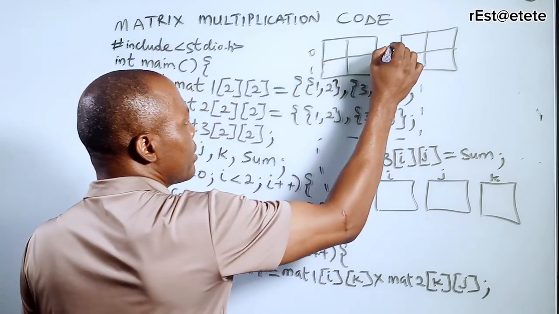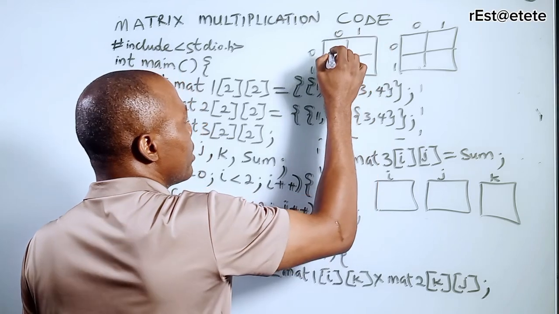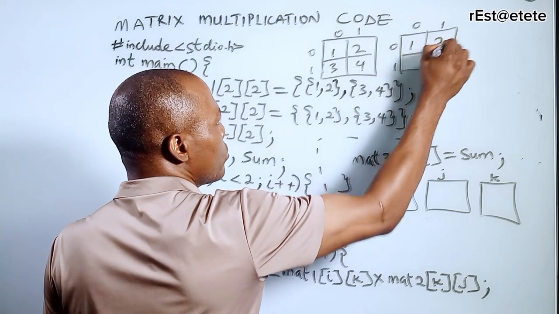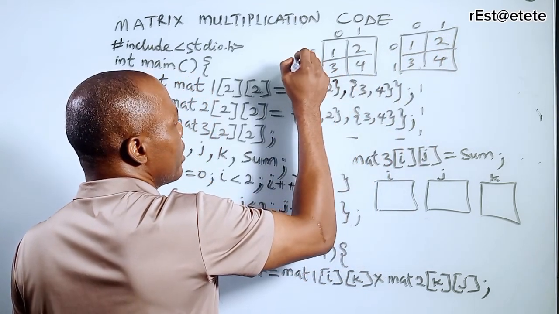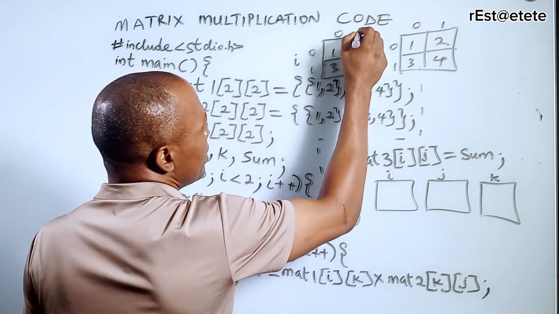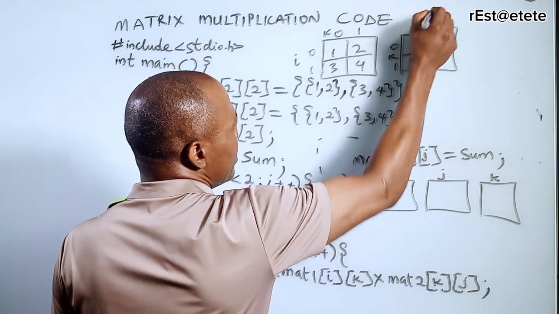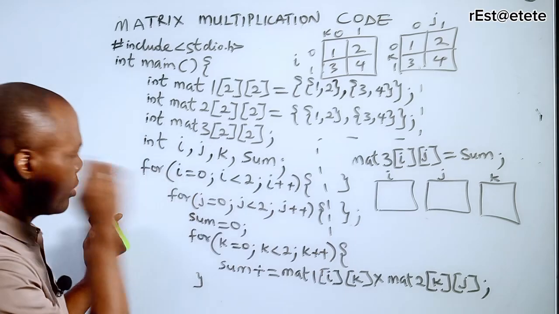Zero, one, zero, one, zero, one, zero, one. This is 1, 2, 3, 4. I told you this is I, this is K, and this is J. Now let's look at this equation.